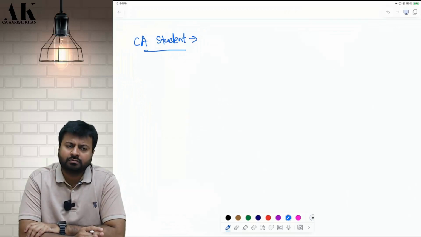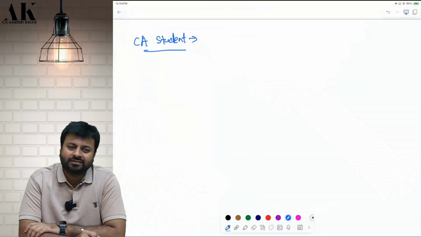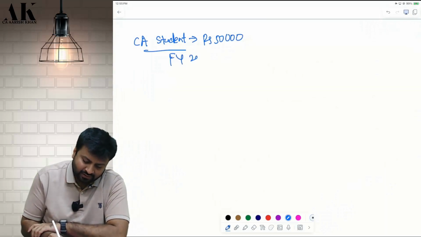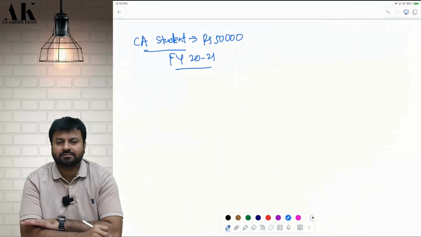But actually he wants the laptop for fun and other activities, and is fooling his parents by saying he wants to see lectures. Assume that his father has bought a laptop for him of rupees 50,000, say in financial year 2020-21.